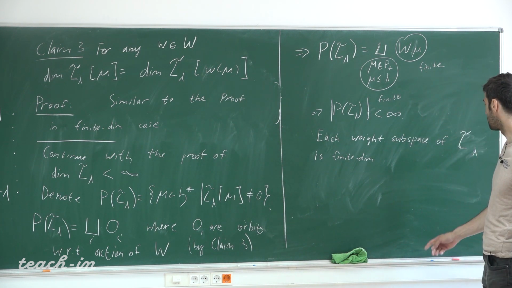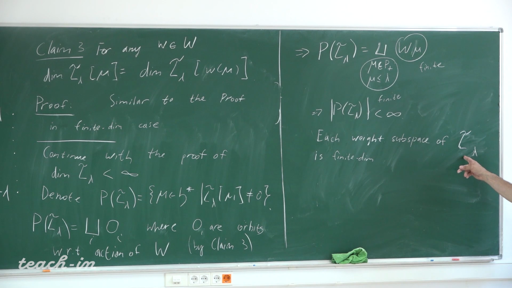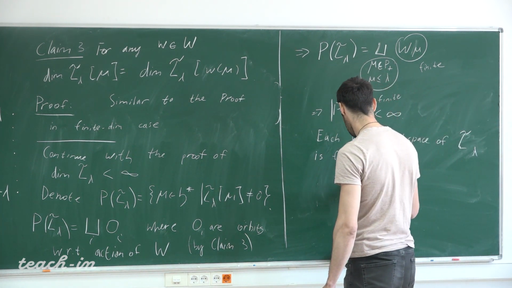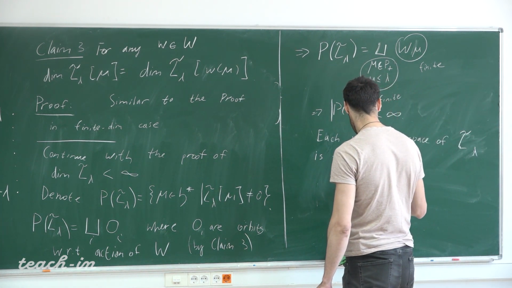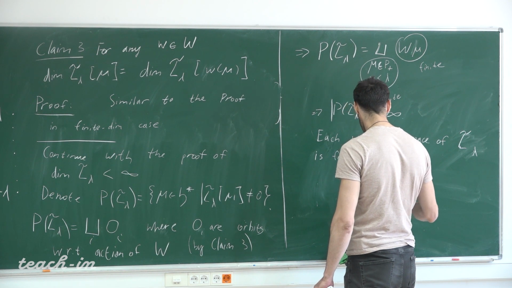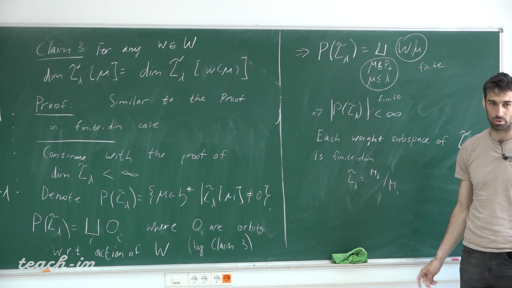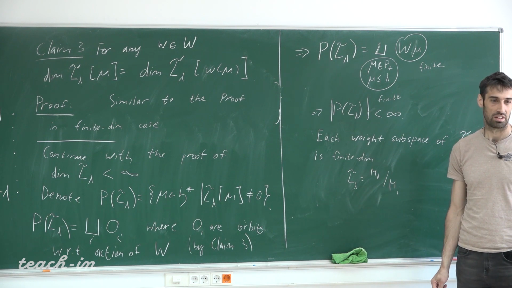But okay, why is each weight subspace of L lambda tilde finite dimensional? Remember what L lambda tilde was? It's a quotient of the Verma module, right? What do we know about the Verma module, about its weight subspaces? They are finite dimensional.